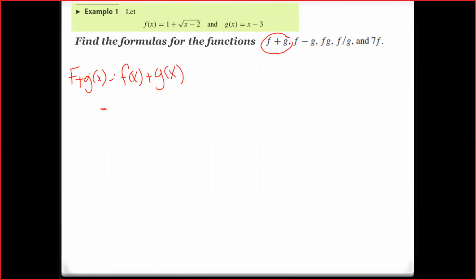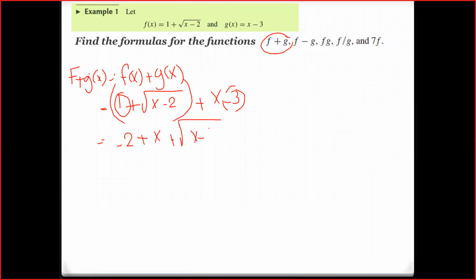Now, f of x is 1 plus square root of x minus 2, plus x minus 3. Let's add them, get them together. 1 minus 3 is negative 2, plus x, plus square root of x minus 2. So it will be square root of x minus 2 plus x minus 2.